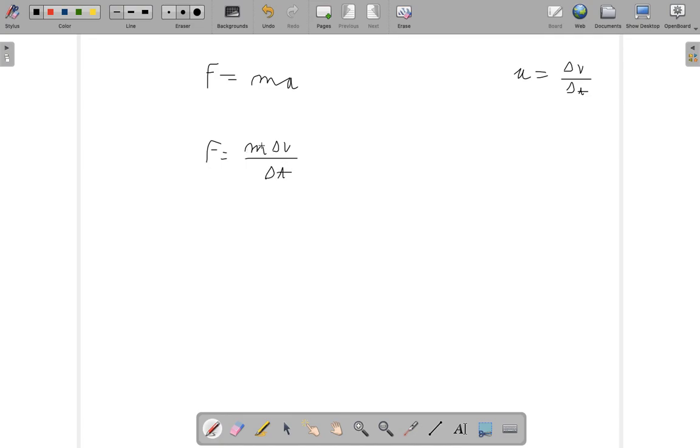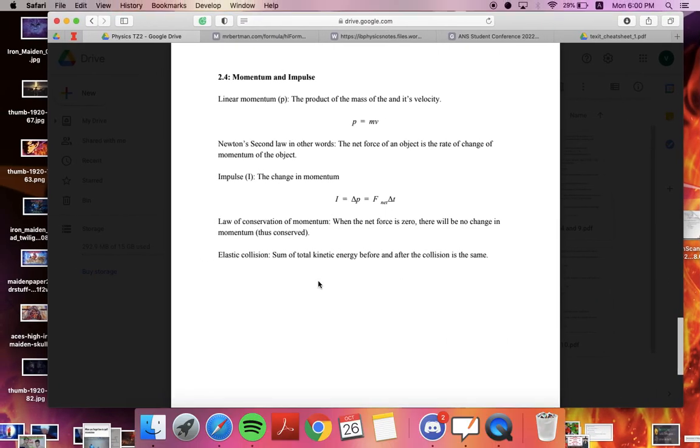Now, if we have an object with constant mass and there's a force acting on it, the change in momentum is just going to be equal to mass times the change in velocity. So therefore, we get force is equal to change in momentum over change in time. And that's basically Newton's second law in different words.